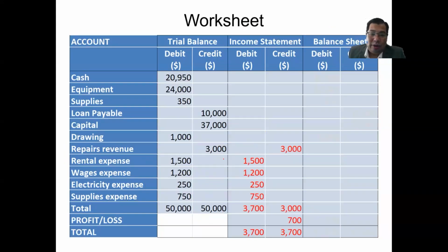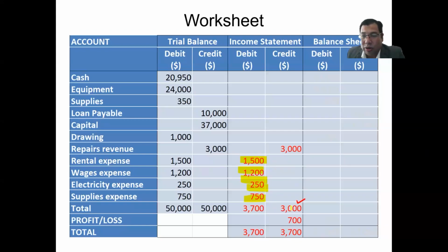Then we total up our debit and credit. When we total, we find that our total revenue is 3,000. Our total expenses is 3,700.